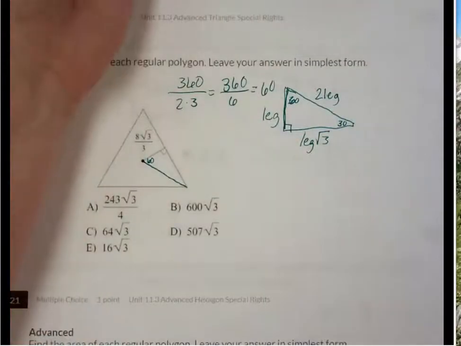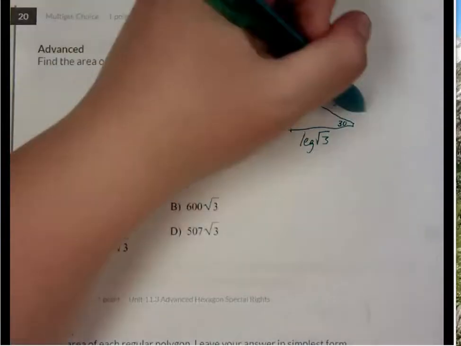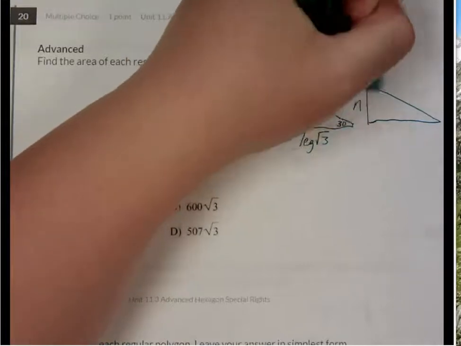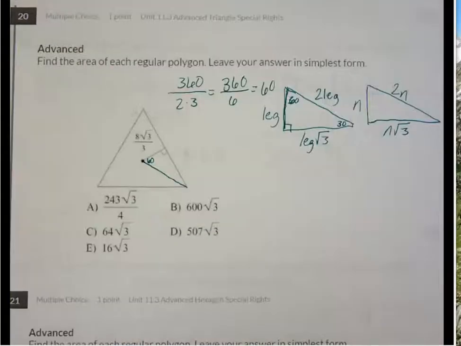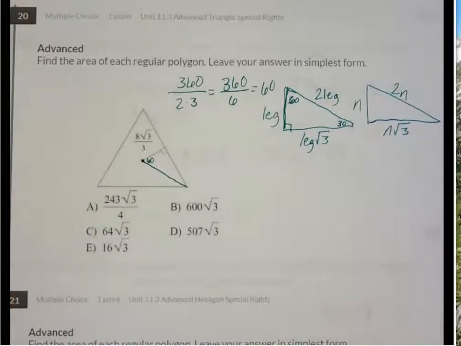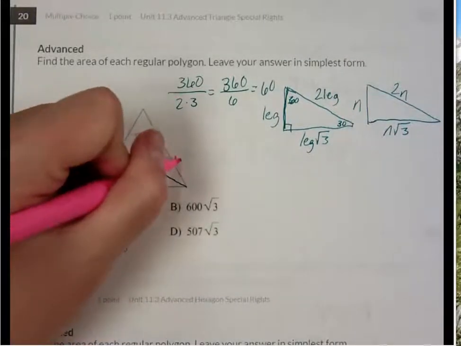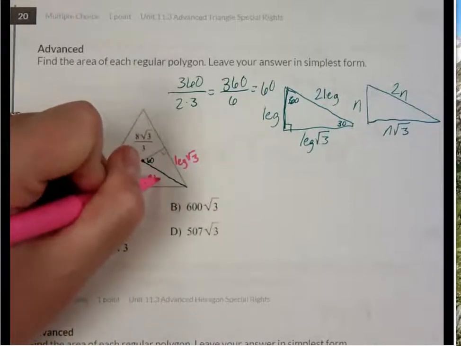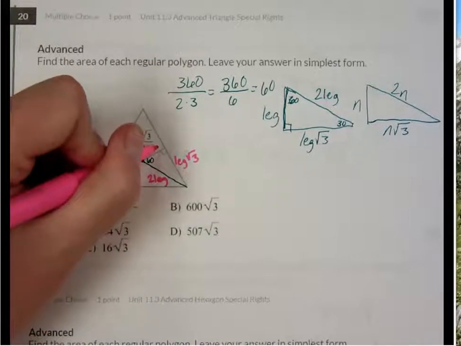You can also write it as n, n root 3, and 2n. That works as well as a variable. Okay, and so what I'm going to do is label the sides of this triangle. So this is my long leg. So this is my leg root 3 over here. This is my 2 times the leg. And then here's my leg by itself.